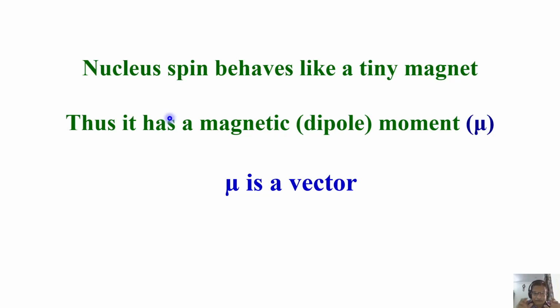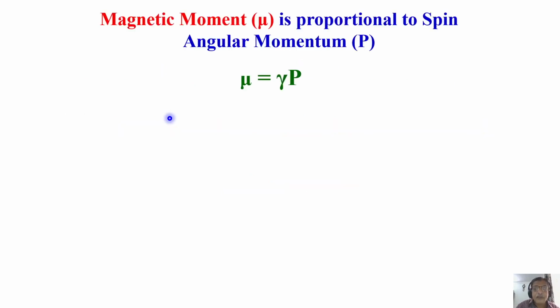The magnetic quantum number goes from minus I to plus I. So those were the three terms. Now the magnetic moment, mu, is another term which I am introducing. Please don't get confused with the terms which I am repeatedly using and changing. So mu is a vector.